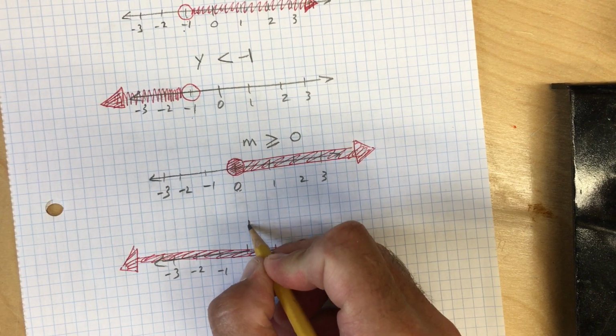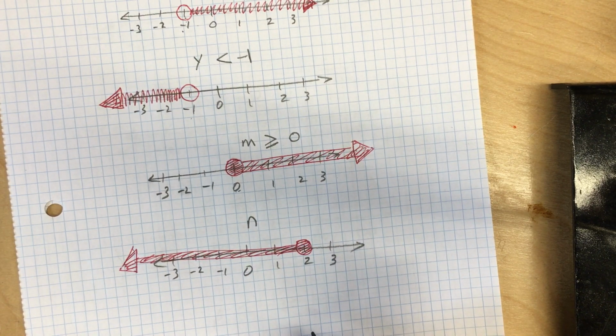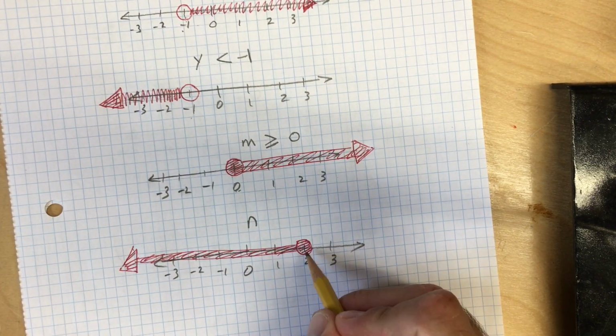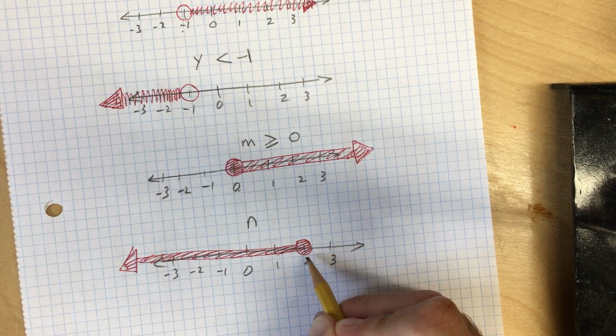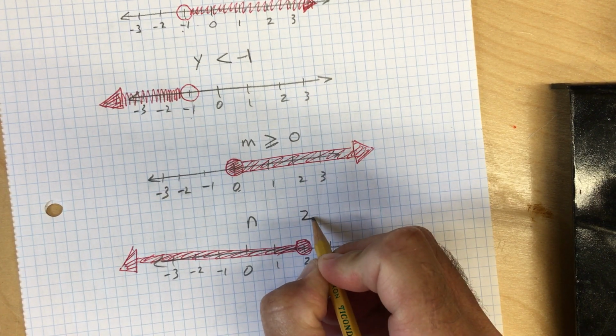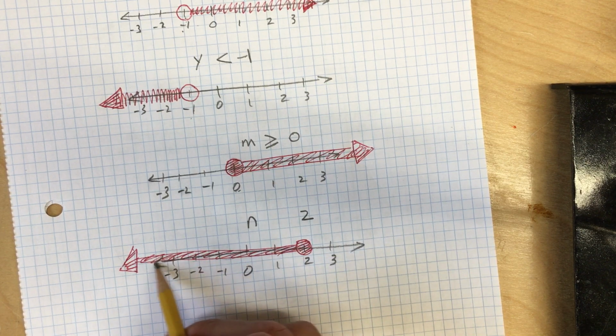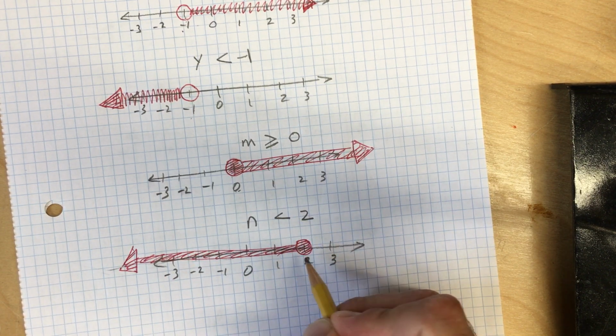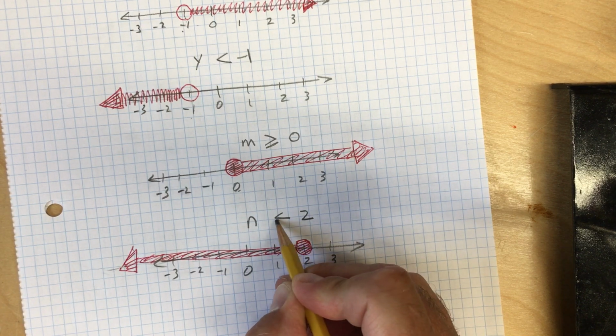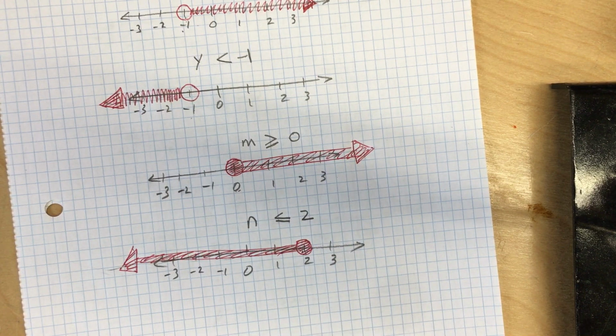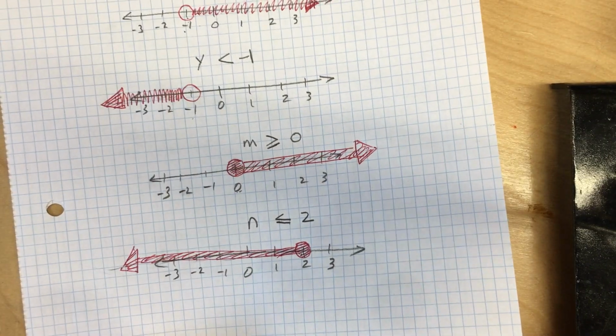Let's call it n. You can pick any variable. I picked n. Our number that's circled is 2, and we want all the numbers that are less than 2, less than or equal to, because that's filled in.